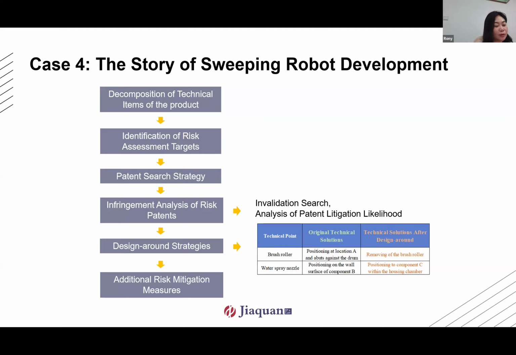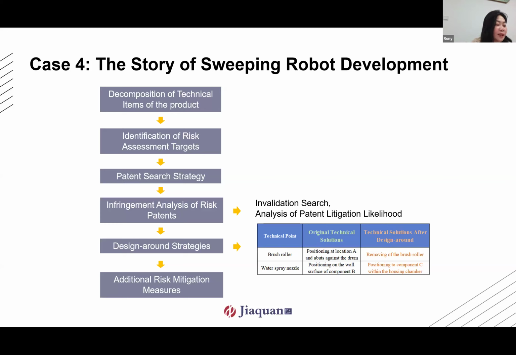So what did we do? First of all, for a sweeping robot, although it appears to be a product on the outside, it's actually composed of many technical details inside. For example, there are structural designs of water tanks and the sweeping brushes. There are also many control methods, like path planning methods.